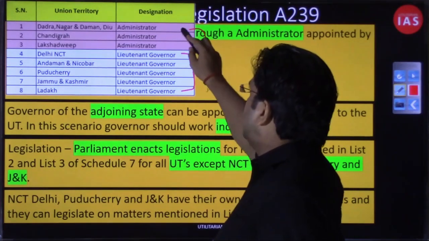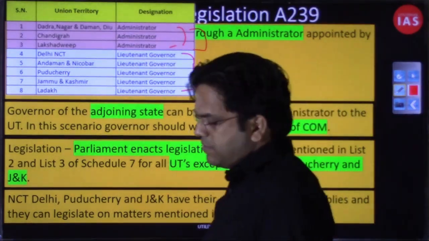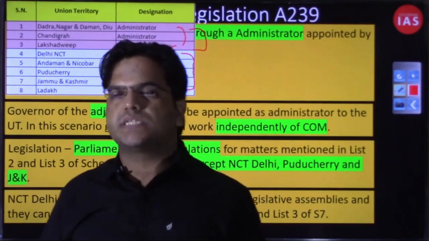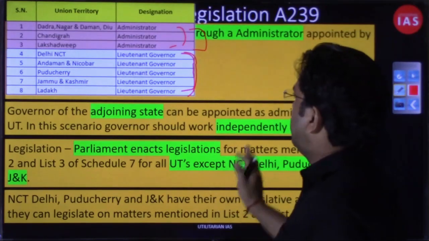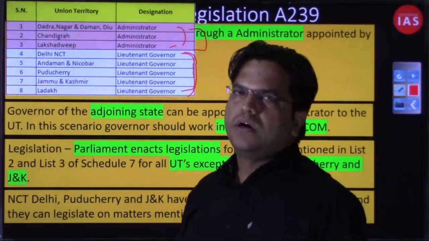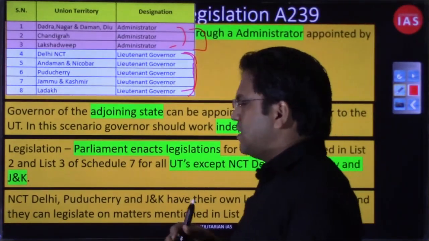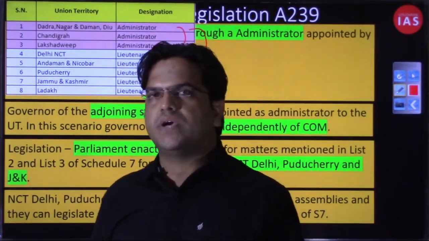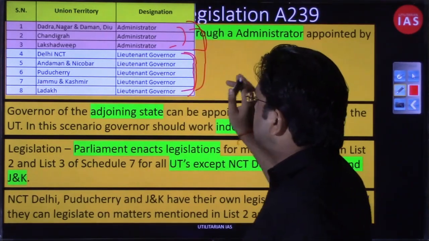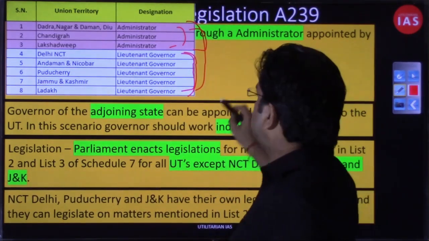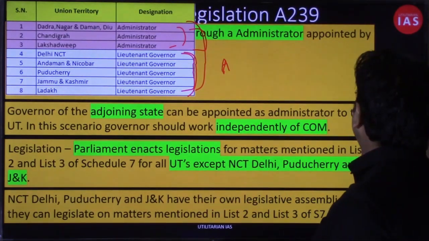Let me repeat: in 3 union territories you have the administrator, and in the other 5 you have the lieutenant governor. So that was on the part of designation. It is ultimately up to the president what designation he gives to these administrators. Ultimately all of them are administrators, just the designation has changed, right? So that is one thing.